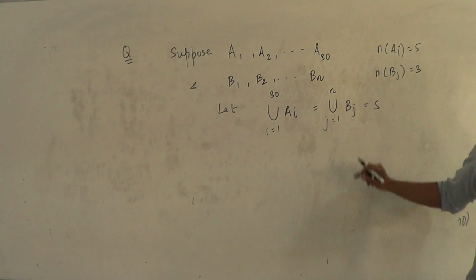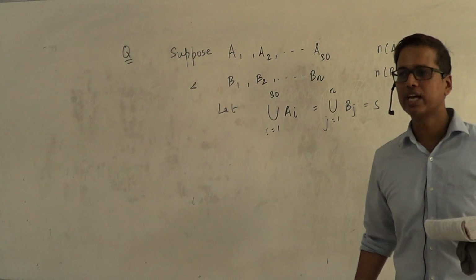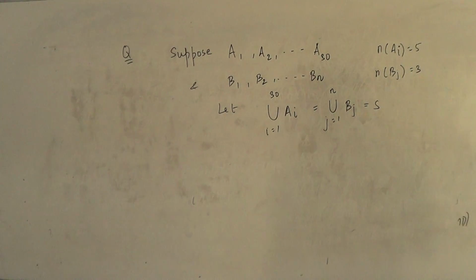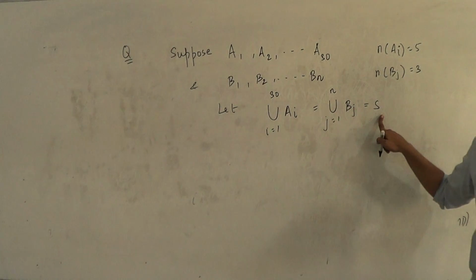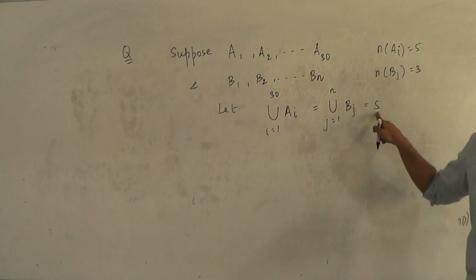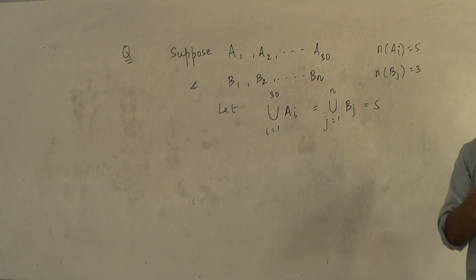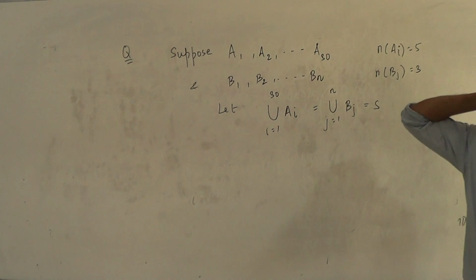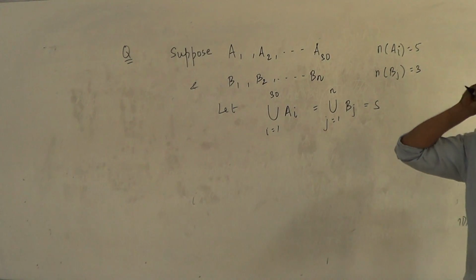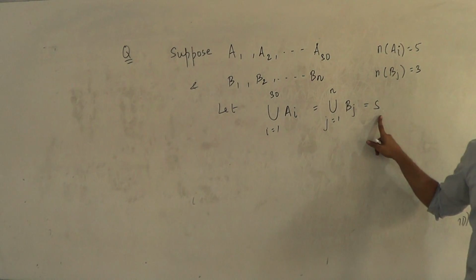Assume that this line is very important. Note it down. Assume that each element of S, the union of all the sets, belongs to exactly 10 of the Ai's. Let's say there is an element x.